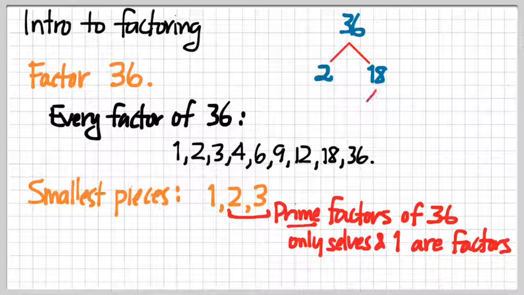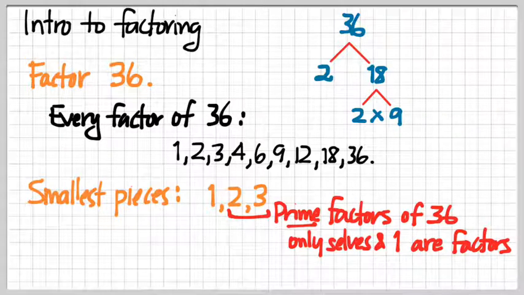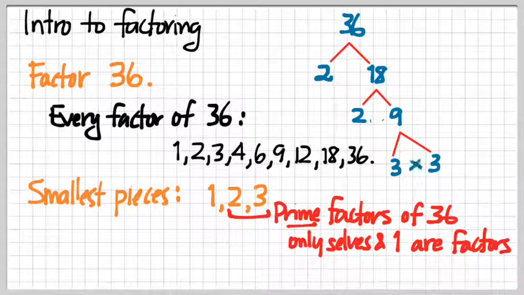Is 18 divisible by 2? Yes. It's 2 times 9. So now we've discovered another 2 as part of our factorization of 36. And then our attention turns to the number 9. Is 9 divisible by 2? No, 9's not divisible by 2, but it is divisible by the next largest prime, which is 3. 9 is a 3 times a 3.